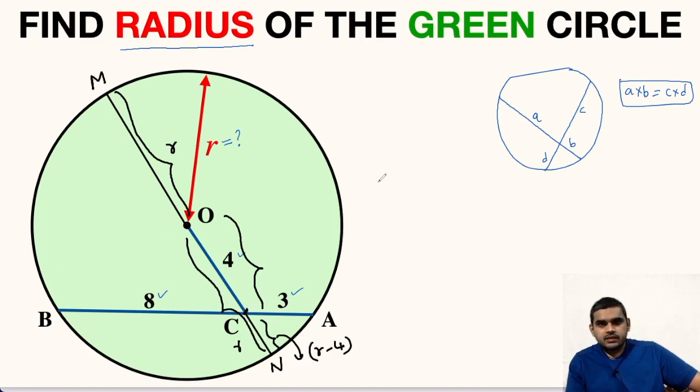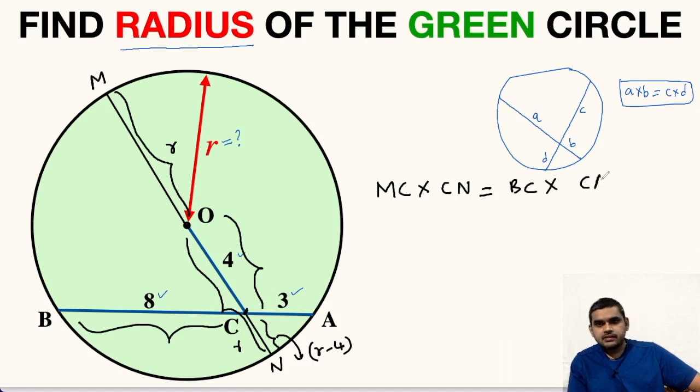According to the property, the distance from M to the point of intersection, that is C, multiplied with CN, must be equal to BC multiplied with CA. See, this is the point of intersection, point C. Okay.